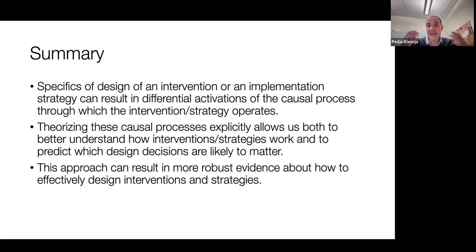Theorizing about those things, making them explicit at the level of individual strategies or individual intervention components, allows us to both better understand how these strategies or interventions work, as well as to predict what design decisions are likely to matter, right? So if your design decision is not actually affecting any of the key moderators or preconditions in your causal path, in your best thinking about how this thing is supposed to work, it might not actually matter, right? Whereas if it does, that might be something that you need to be thinking about.